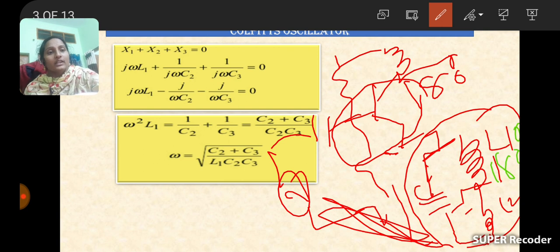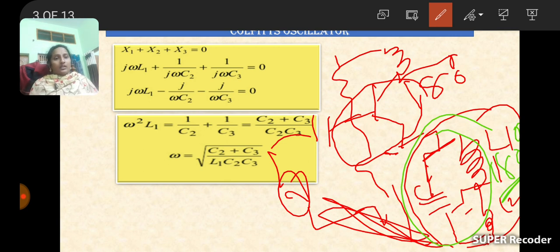We get 180 degrees from the tank circuit because the voltage reaches the inductor, which starts charging, then slowly discharges. After it discharges, the inductor starts charging again, and after fully charging it discharges again.